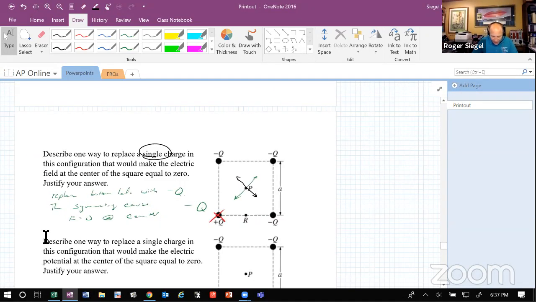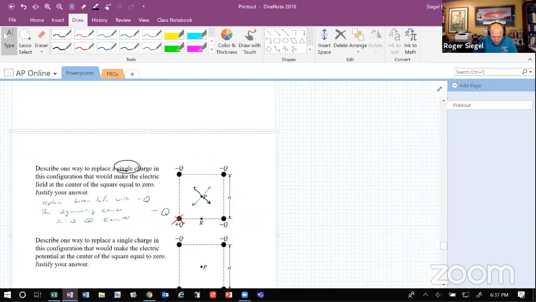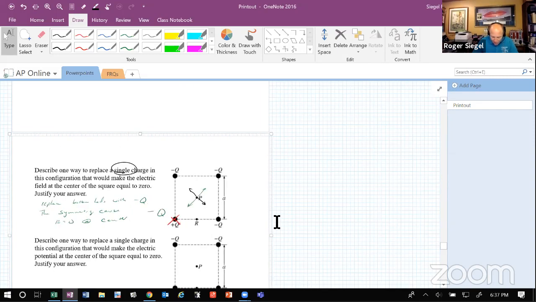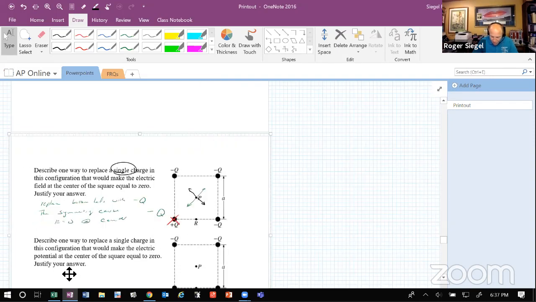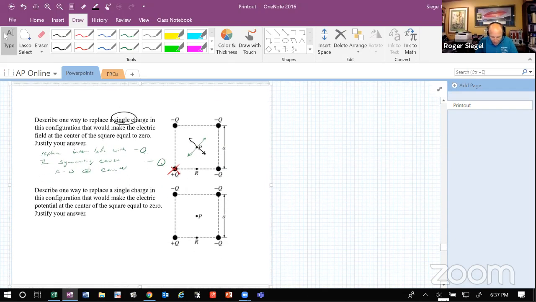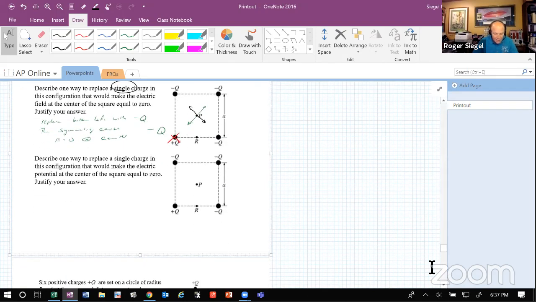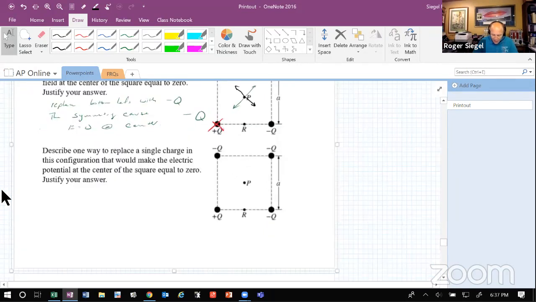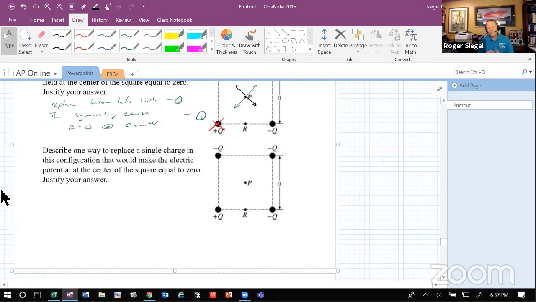We've got a, let's see, it says describe a single charge in this configuration that would make the electric potential at the center of the square 0. Well, potential is a scalar.